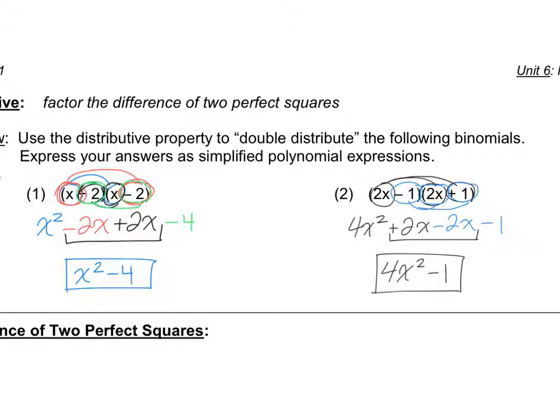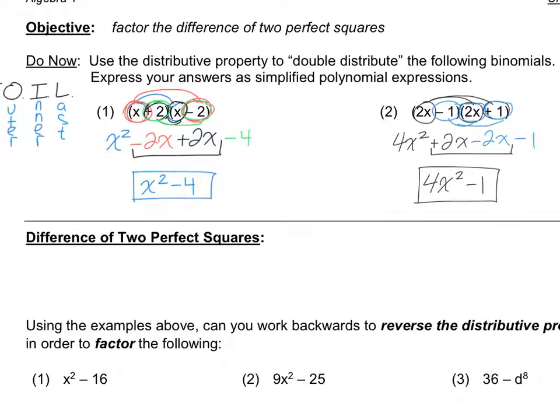All right, so we'll kind of formally discuss this here. The difference of two perfect squares. I don't like throwing the word perfect in there because I like difference of two squares, because then you have a nice little acronym.